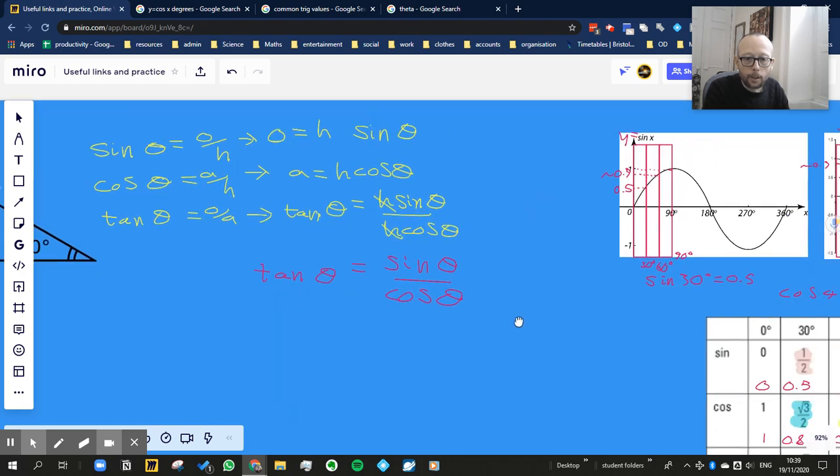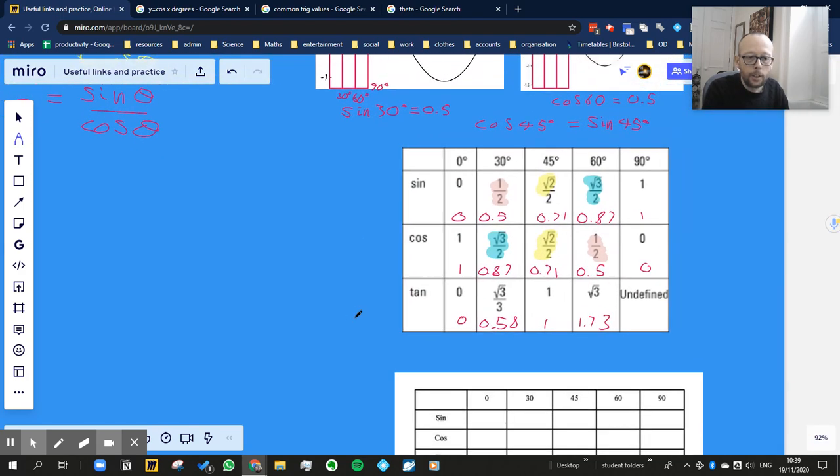So let's go back to our table of values over here, and if tan theta is equal to sine over cos, then we're going to do 0 divided by 1, which is 0. Then we're going to do half divided by root 3 over 2. Now half divided by root 3 over 2 is the same as half times 2 over root 3. I won't go into how that is.